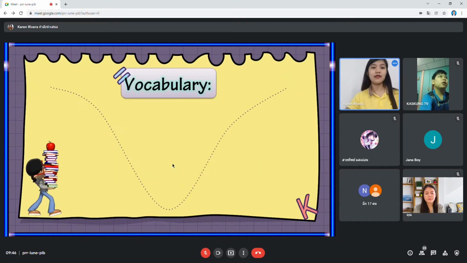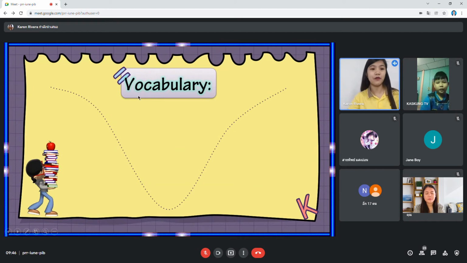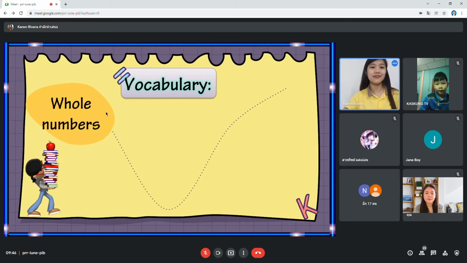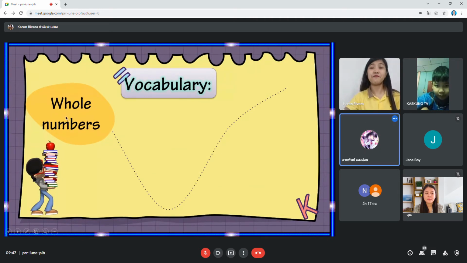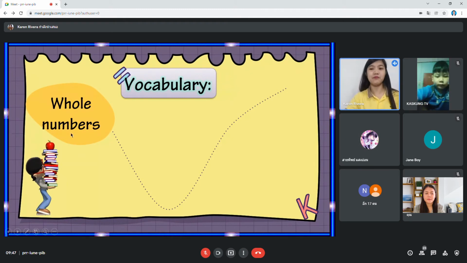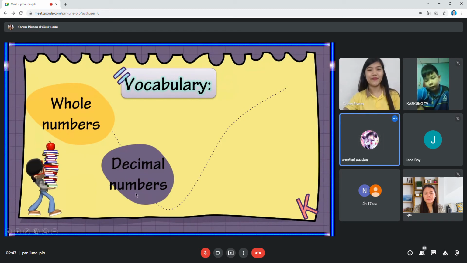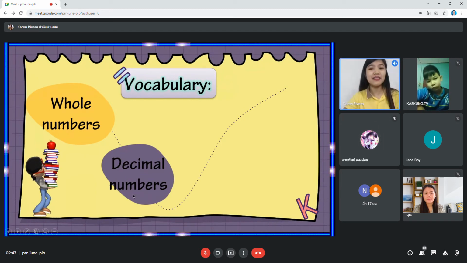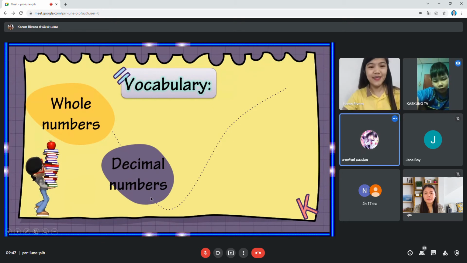So, again, as always, you have your vocabulary for this hour. First is, can you read it, Group 6? Whole number. Very good. Next, number 2, decimal numbers.